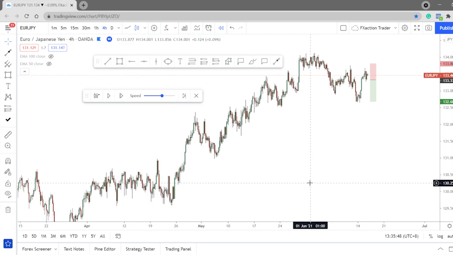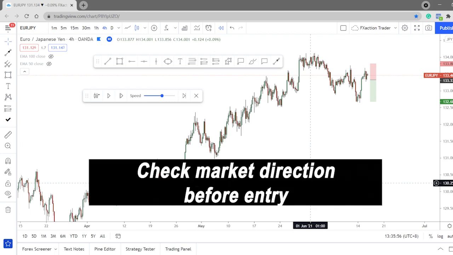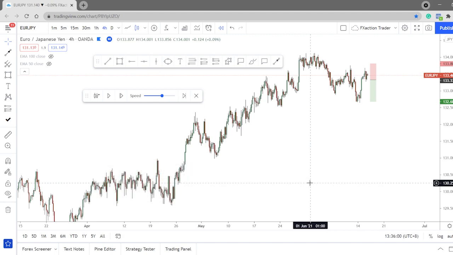The next example that I'm going to share with you guys is another trade that I've taken on Euro Yen. First thing first, always remember to check the market direction before we look for any entry signal, because if we look for entry signals without confirming the market direction, it will be very confusing for us.